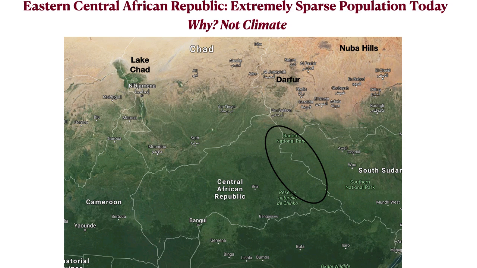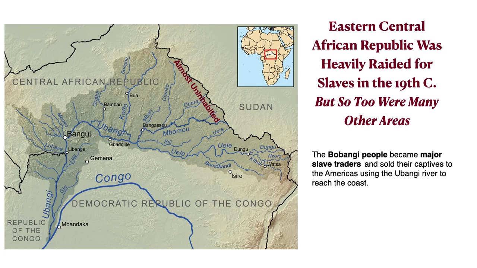Well, of course, it's got a very virulent disease environment, but that's true of areas around it. What's specific about it? Well, it certainly was very heavily raided for slaves in the 19th century, late in the period of the slave trade, early half of the 1800s, essentially.